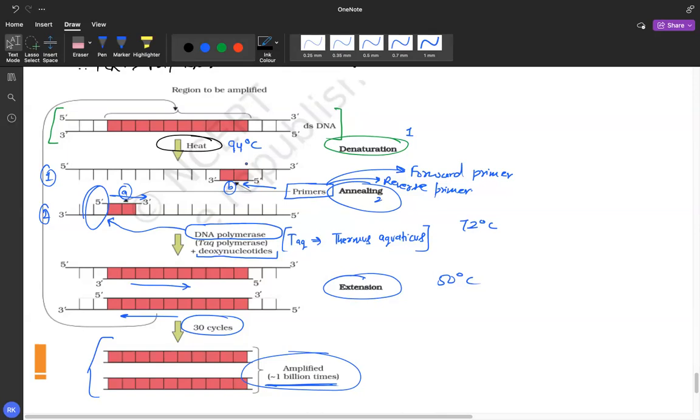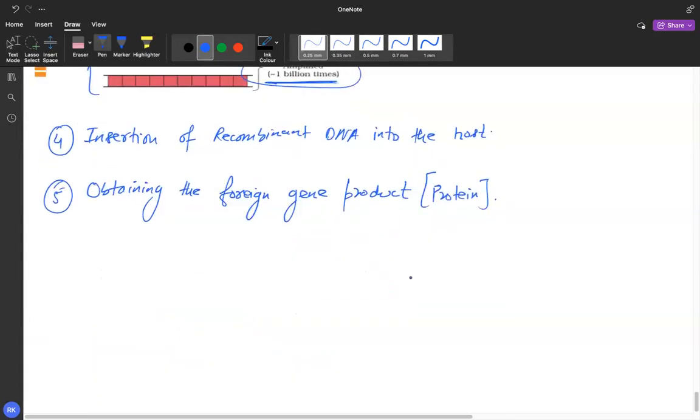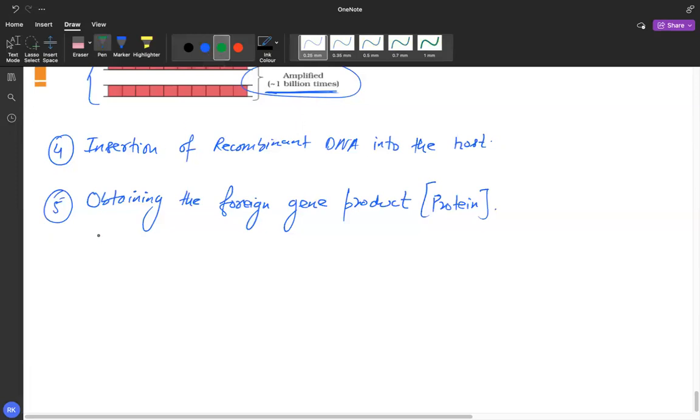So when we put our cloned gene into a heterologous host, write down: when any protein encoding gene is expressed in a heterologous host, and why do we call it heterologous?